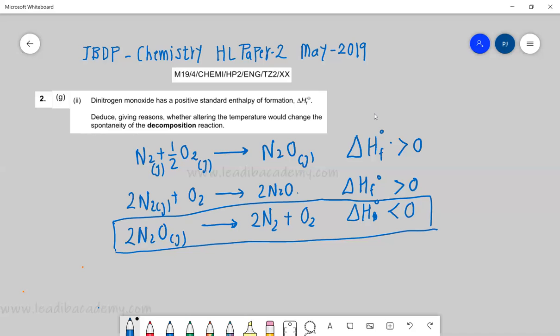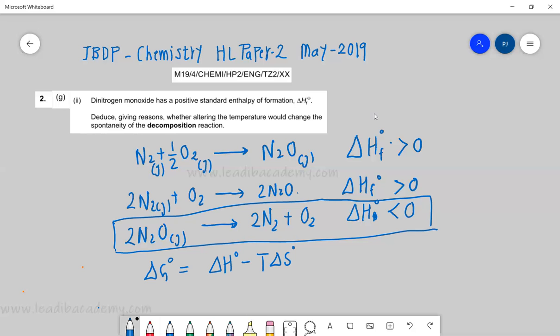For spontaneity, we know the most important and powerful tool, the Gibbs free energy: delta G is equal to delta H minus T delta S.